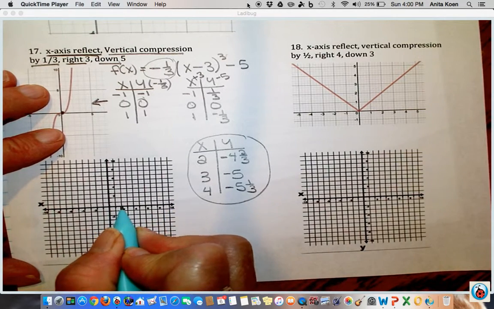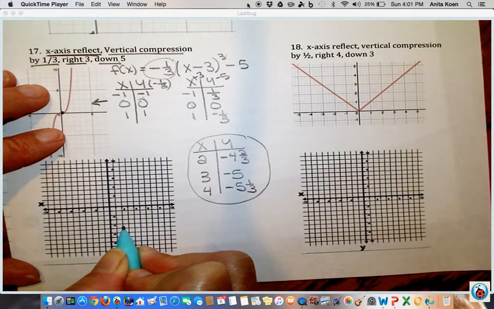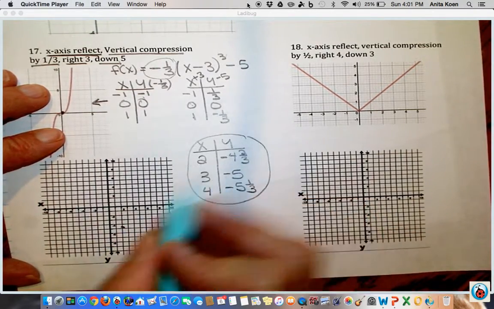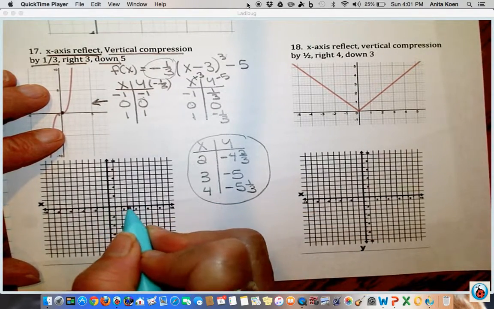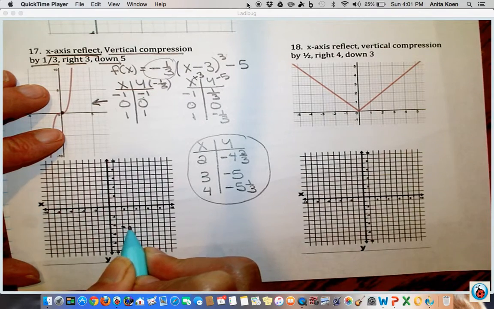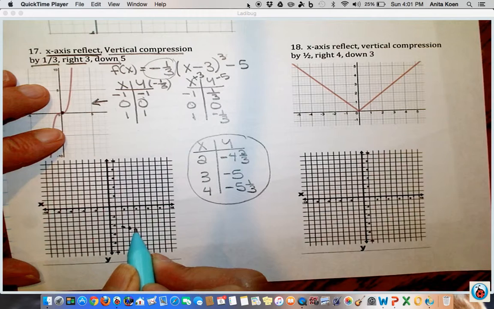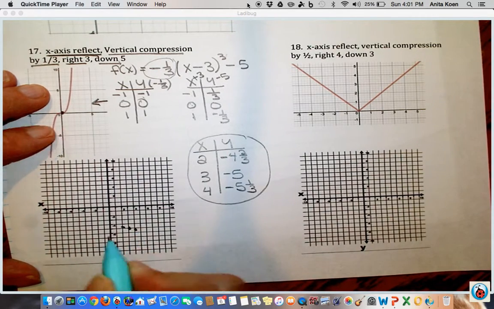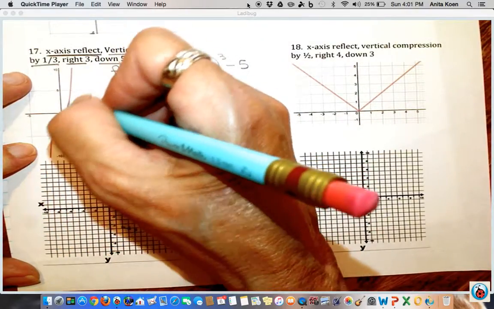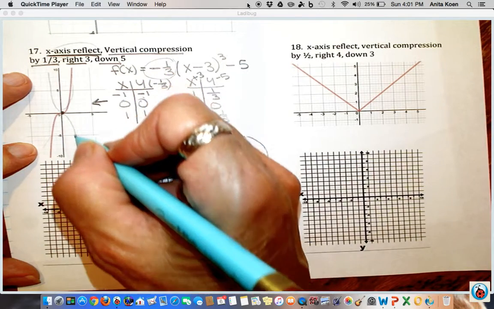So I'm going to go over 2 and down 4 and 2/3, so almost to 5. Then I'm going to go over to 3, and down 5. And then I'm going to go over to 4 and down 5 and a little bit more. Now you might look at those and think they're in a straight line, but it's this shape, but it's been reflected, so now it's going to be this shape.